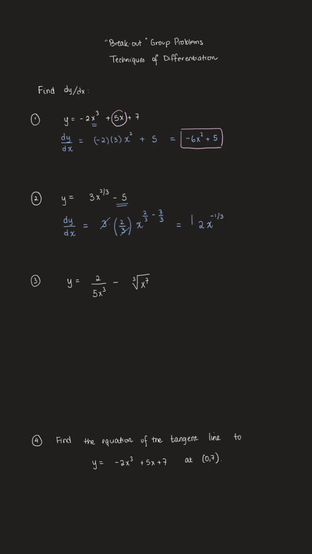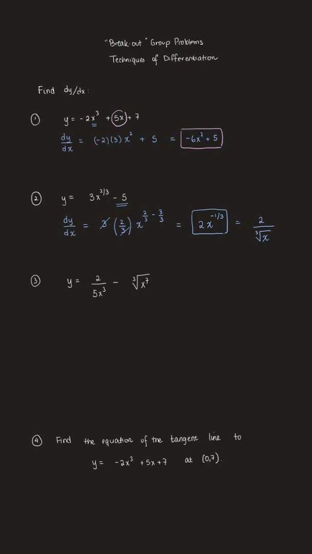And it would be okay to leave your answer this way, or you could use rules of exponents to rewrite this as 2 over the cube root of x. This is in the denominator because we have a negative exponent, and it's a cube root because the exponent is the 1/3 power. So either of those would be fine.